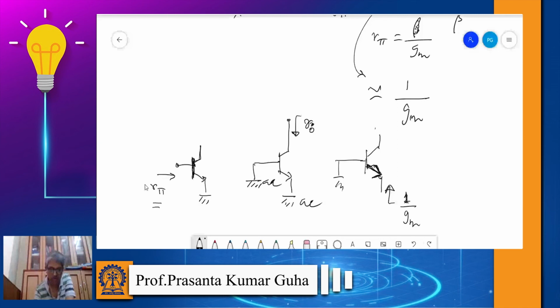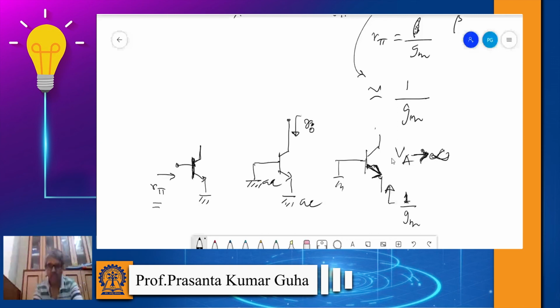When we look from the collector side, the corresponding impedance is R0. Of course, the emitter is AC ground, and when we look from the emitter side, we have to consider that the early voltage is infinite, or there is no early effect. Then it will be 1 by Gm. You should remember all these three cases.